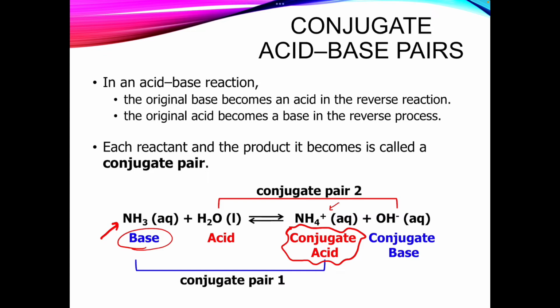Since ammonia is acting like a base, our water is going to act like an acid, which means our water will donate a hydrogen. As you can see here, our water lost a hydrogen. It had 2 hydrogens, now it's only got 1. And when it lost that H+, it ended up with a negative charge, giving us our conjugate base. So our acids will turn into conjugate bases.